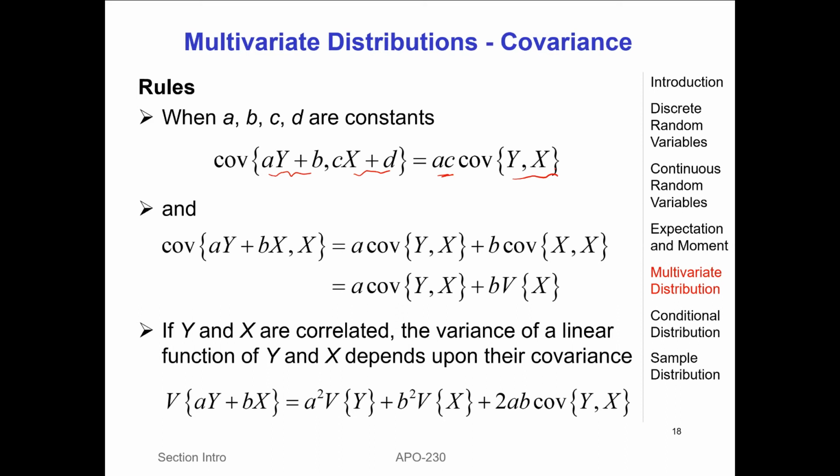The way to prove it is pretty similar to the way we proved some of the variance rules. You could try it out. We don't have to do it here.